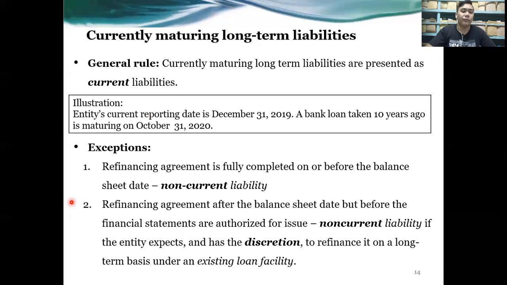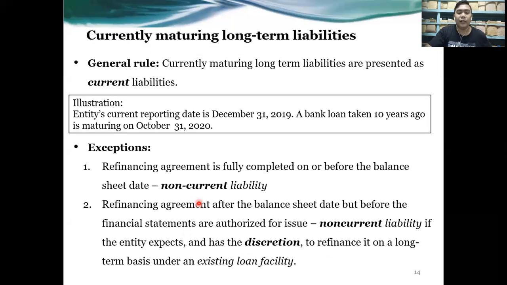Okay? While the refinancing agreement after the balance sheet date, which is December 31, but before the financial statements are authorized for issue, is non-current liability if the entity expects and has the discretion, take note of this term, to refinance it on a long-term basis under an existing loan facility. I-consider mo siya as non-current liability.